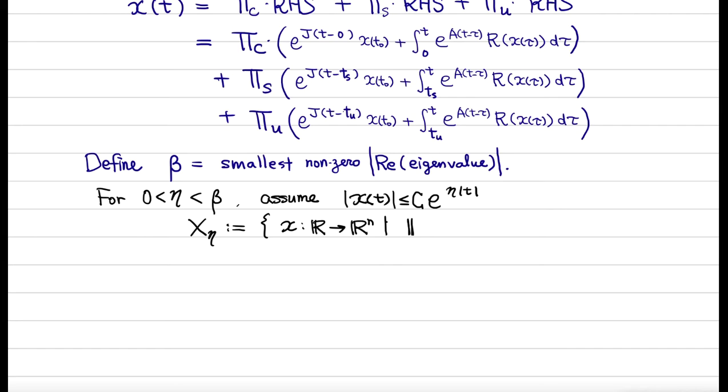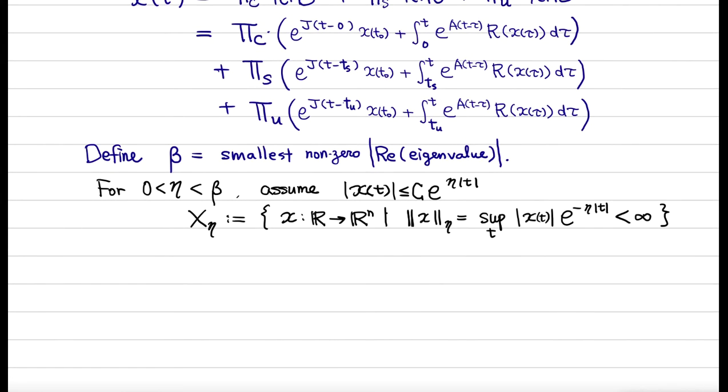We can define the eta norm, which is the supremum norm of x times e to the minus eta t. So of course the above function has a finite supremum norm. So consider the solution to exist within this space of functions.